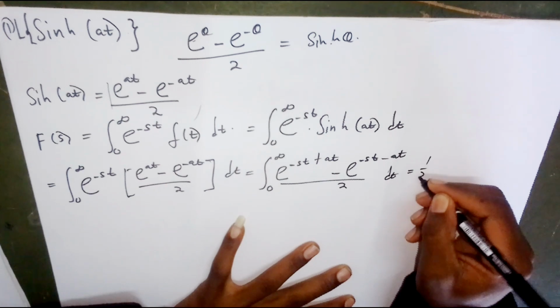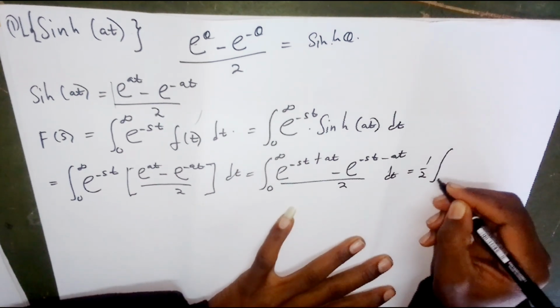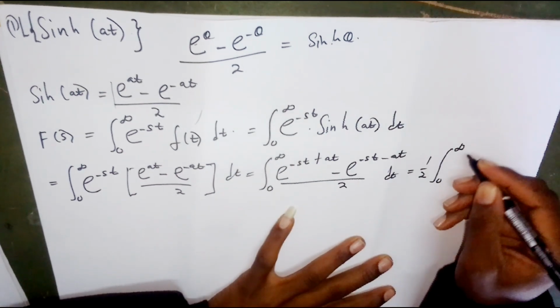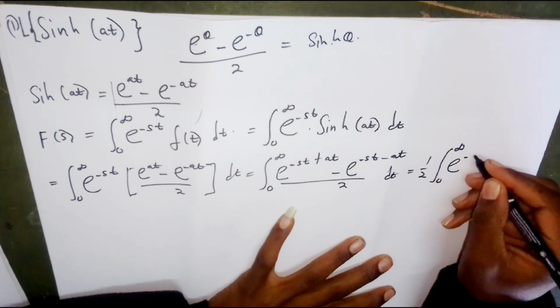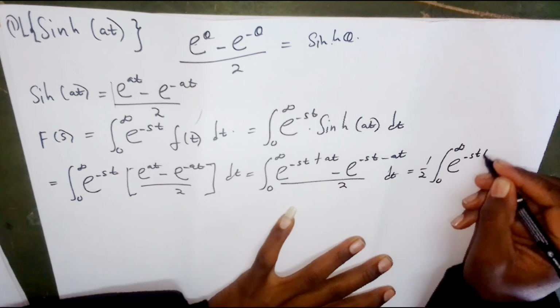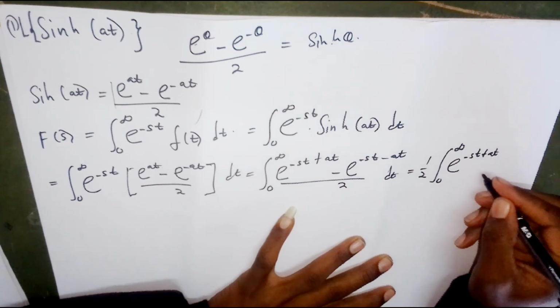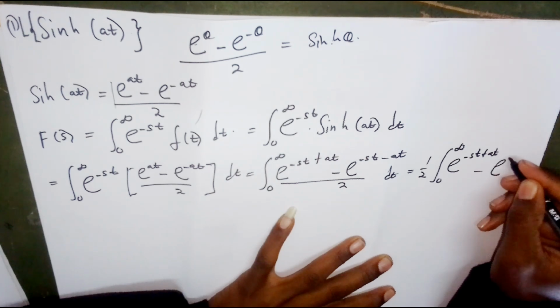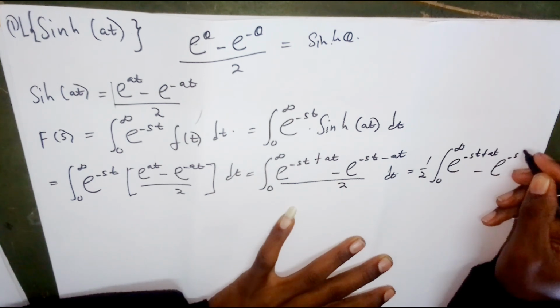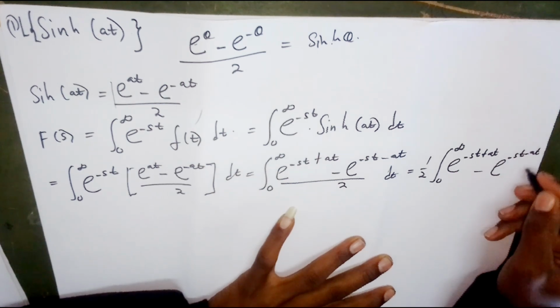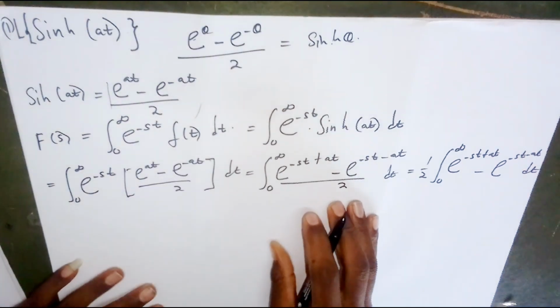We can factor out a half, and are left with the integral from 0 up to infinity of e to the power negative st plus at, minus e to the power negative st minus at, dt.